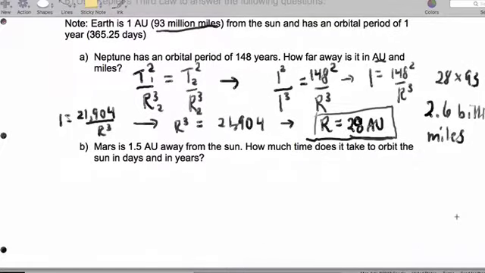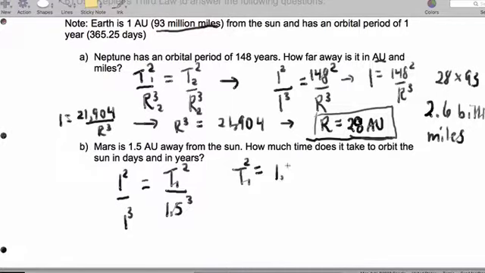Similarly for Mars, we take the Earth data, 1 over 1, equals the period of Mars squared over this 1.5 cubed. So we're going to end up getting that T squared equals 1.5 cubed when we do the algebra. Sorry, this is just messy.